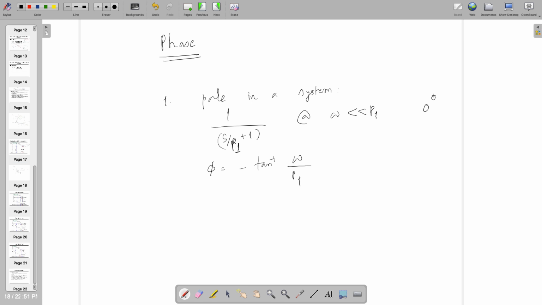Because this term becomes 0, at omega equal to 0 the phase is 0, and also when omega is much lower than p1.